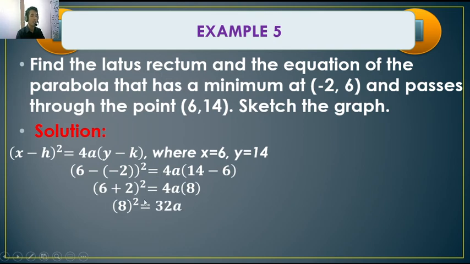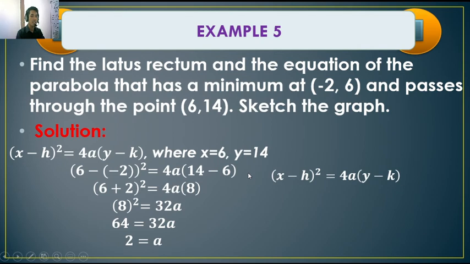Then simplify, we have 8 squared is 64 is equal to 32a. Then divide both sides by 32. a now is equal to 2. Since a is positive, therefore the orientation of the parabola opens upward.